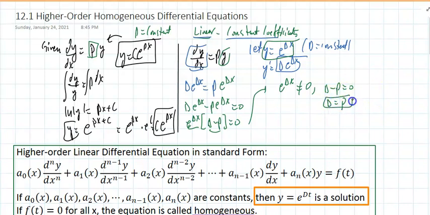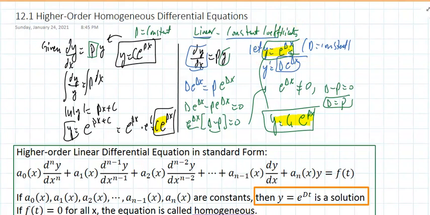So my solution to this equation would be y equals any multiple of e to the px. And you notice I got the solution without using calculus. I got the solution just by simply letting y equal e to the dx.